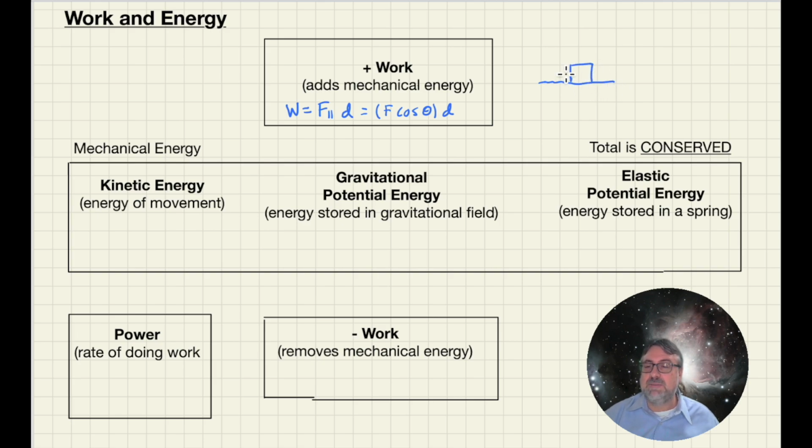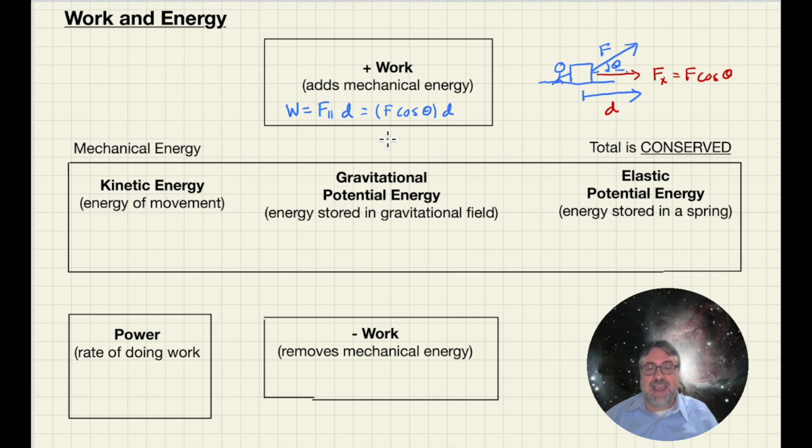If I have some object being moved and I push that object at an angle, and I'm moving in the same direction as that force, only the part of the force that actually is in the direction of motion, that is the x component of the force, which in this case would be equal to F cosine theta, which is where the angle is coming into the work equation. So key thing is both the force and the distance moved must be in the same direction for work to be added, for work to add energy.